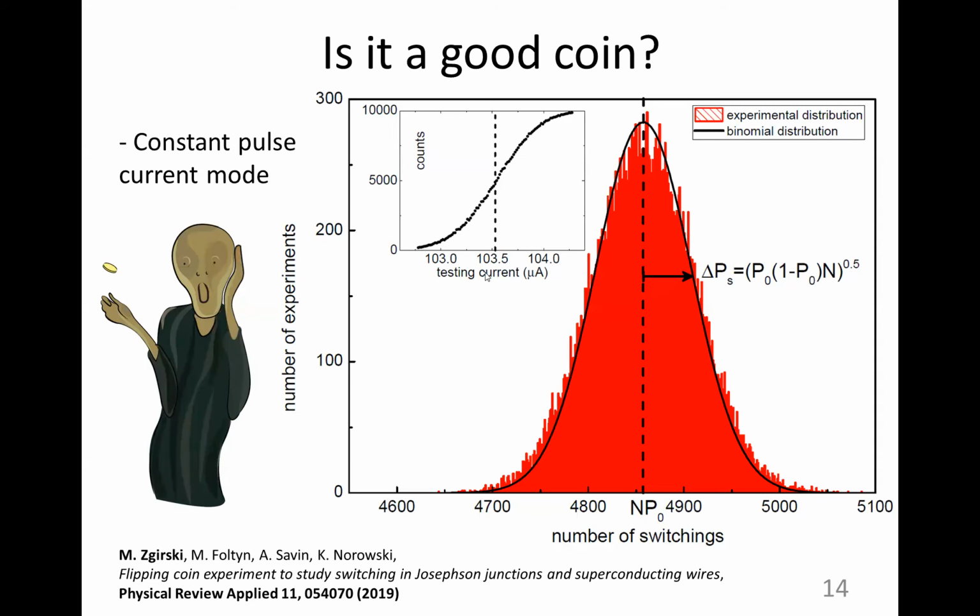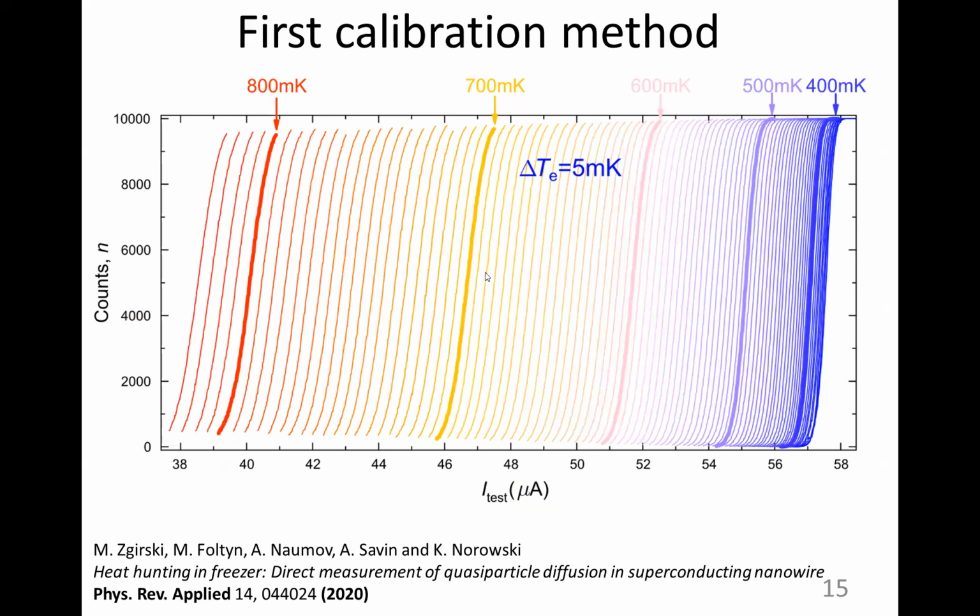And coming back to the calibration, to the thermometry, our thermometer is of the second kind, so it needs a calibration. In order to obtain it, we measure these S-curves for a variety of temperatures.